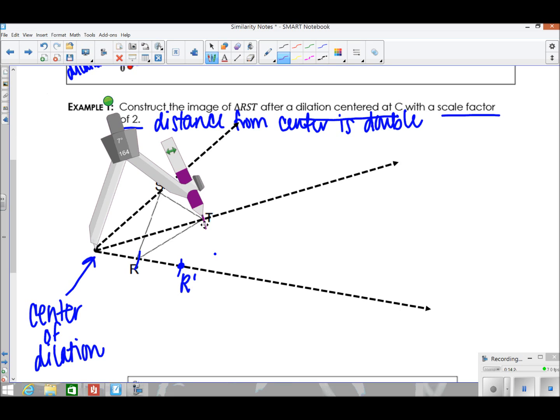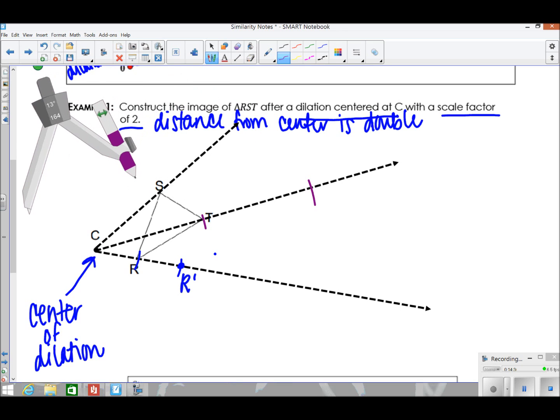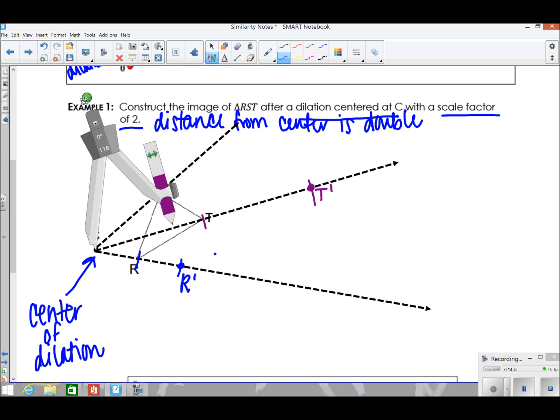So that's 1 length from the center to T. I'm trying to double that because it's a dilation of 2. So now I put the pointed edge on that arc, mark it, place your point, call it T prime. Last point here is going to be for S.